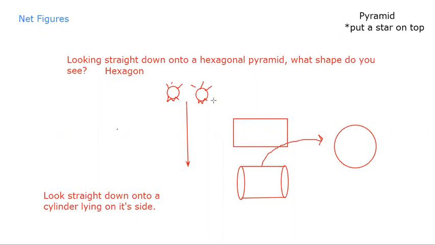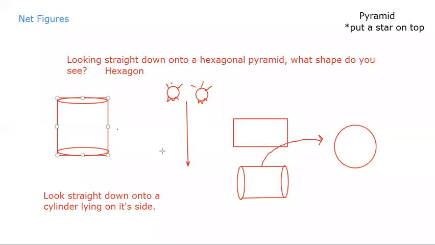Another thing you might be asked is a silo from far away, a grain silo, well, that's a cylinder from far away. What shape do you see? So if you're looking at a cylinder from far away, really all you can see is this shape here. You can't tell that there's a round top and a round bottom.